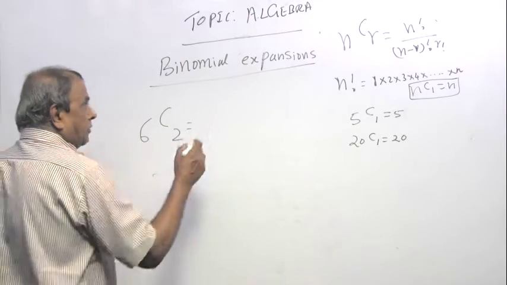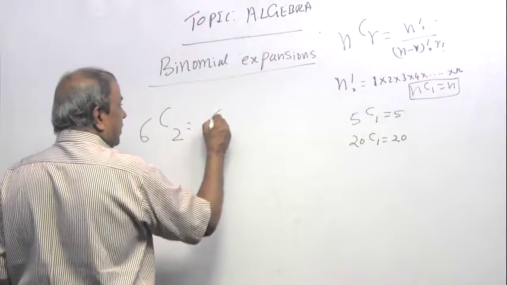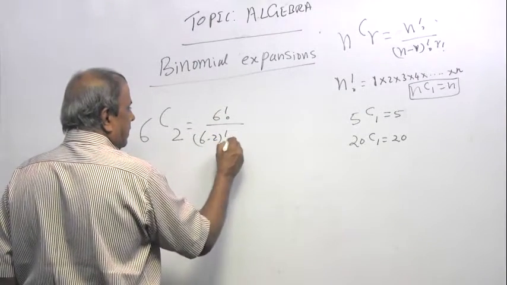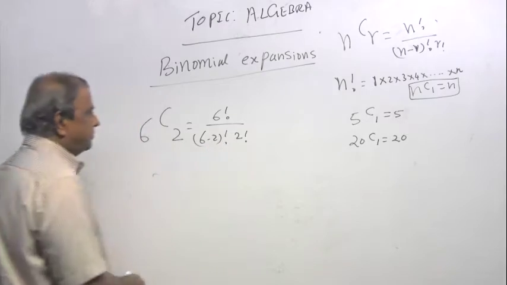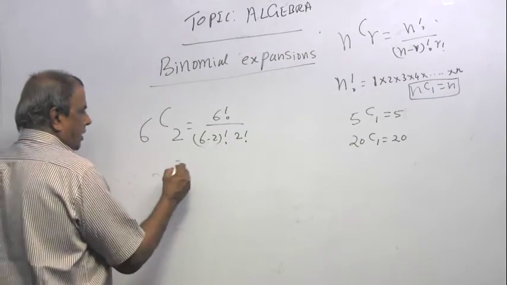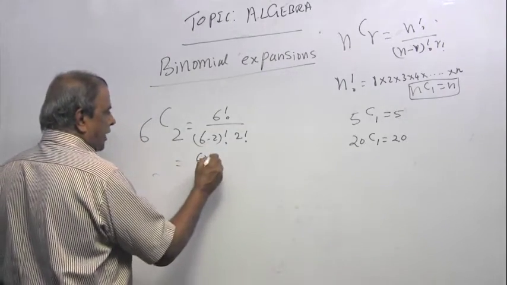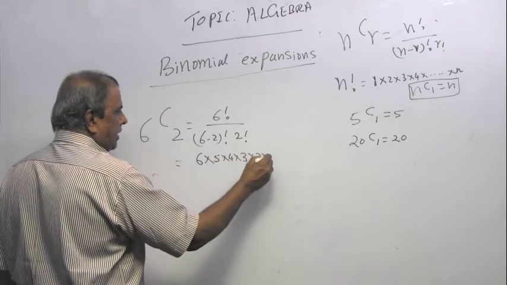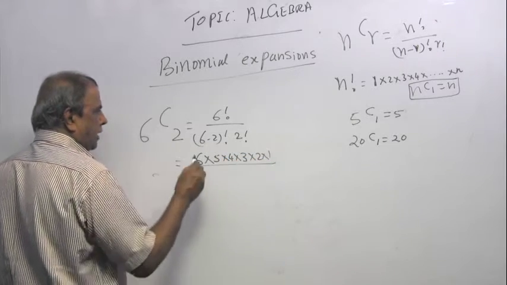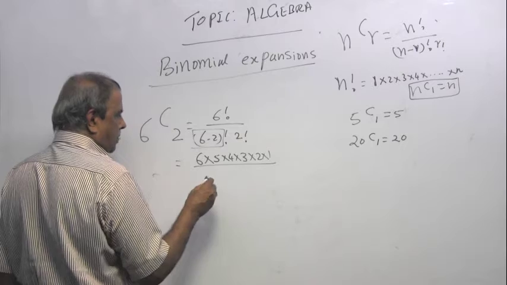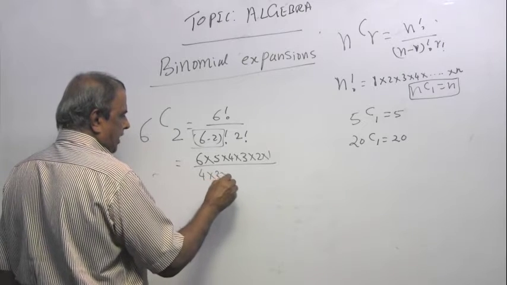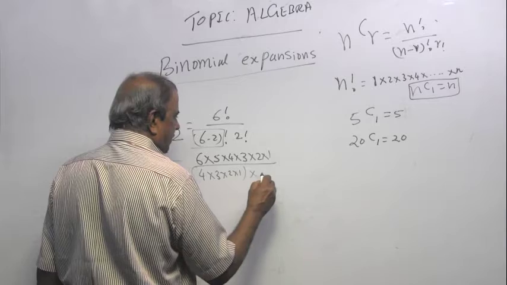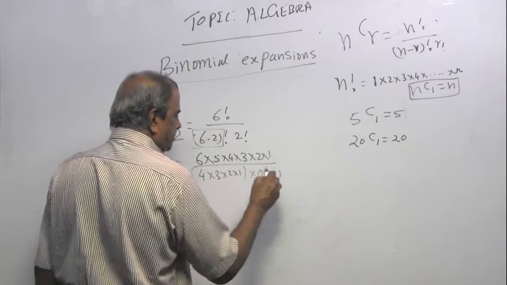So using the formula, it is n factorial over (n minus r) factorial, r factorial. I don't want to simplify. So 6 times 5 times 4 times 3 times 2 times 1 over, what is 6 minus 2? 4 times 3 times 2 times 1 times 2 factorial, which is 2 times 1.